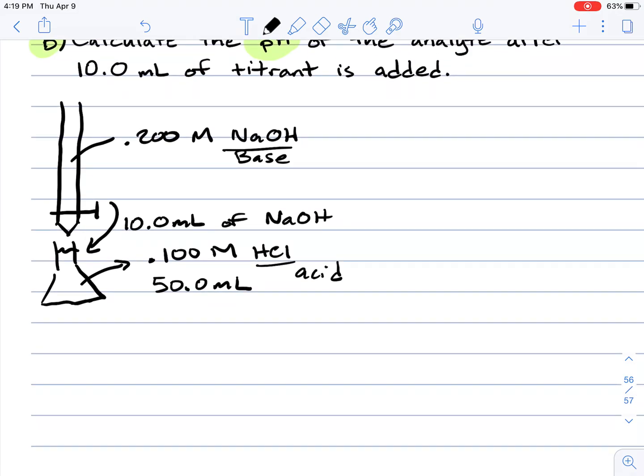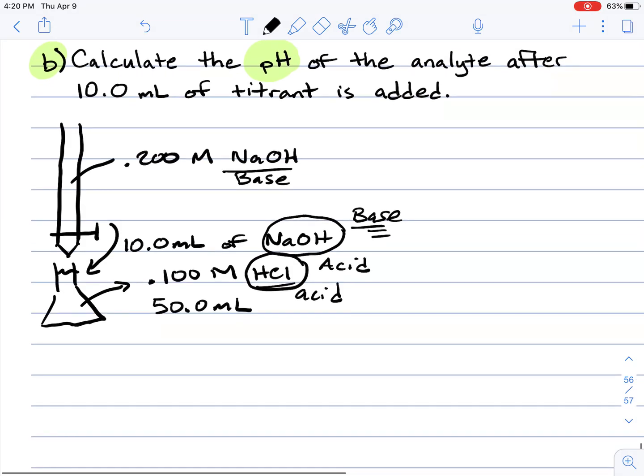Now, remember that sodium hydroxide is a base, and hydrochloric acid is an acid. And so for part B, you're mixing an acid with a base. So that lets you know that there's a reaction that's occurring. And so we have to describe this reaction by writing the correct chemical equation.